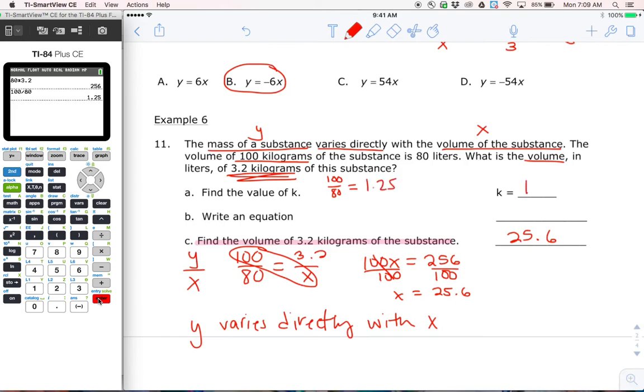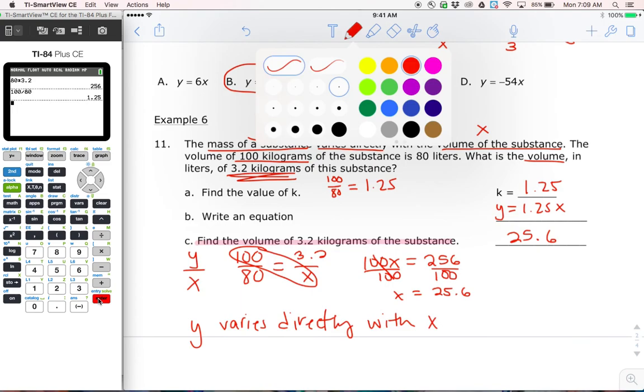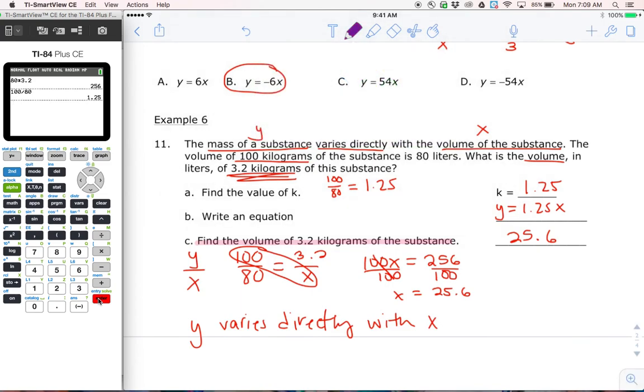So I guess K was 1.25, which means my equation would be y equals 1.25x. And if I wanted to use my other variables, for example mass and volume, I could say that the mass is equal to 1.25 times the volume, right? And we could have solved this a little bit differently had we wanted to.